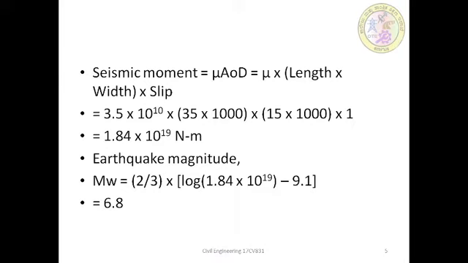So 6.8 is the magnitude based on knowing the modulus of rigidity, the area of the fault and the depth of the slip. So based on that, one can calculate the magnitude.